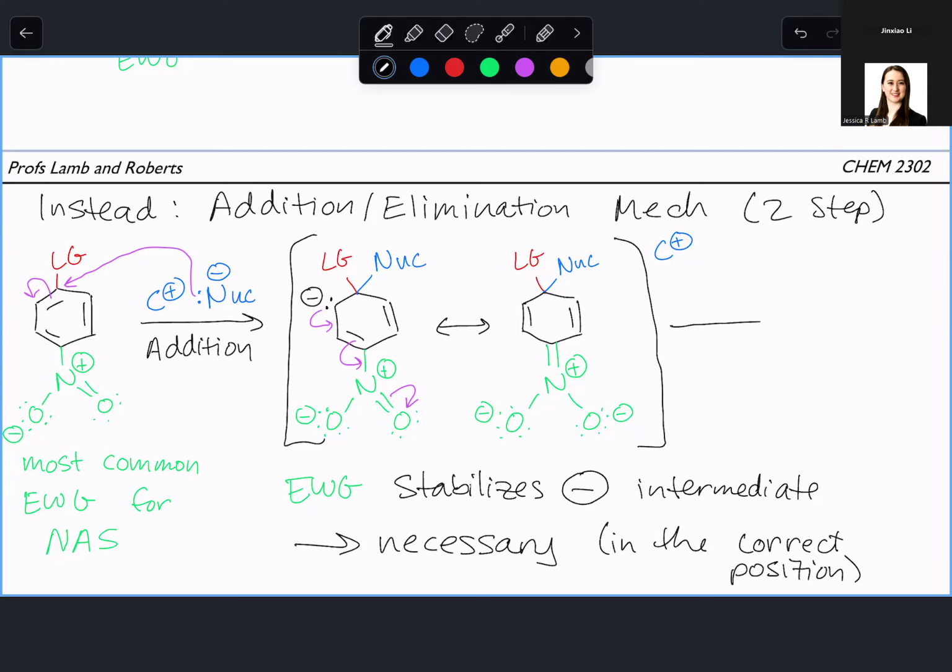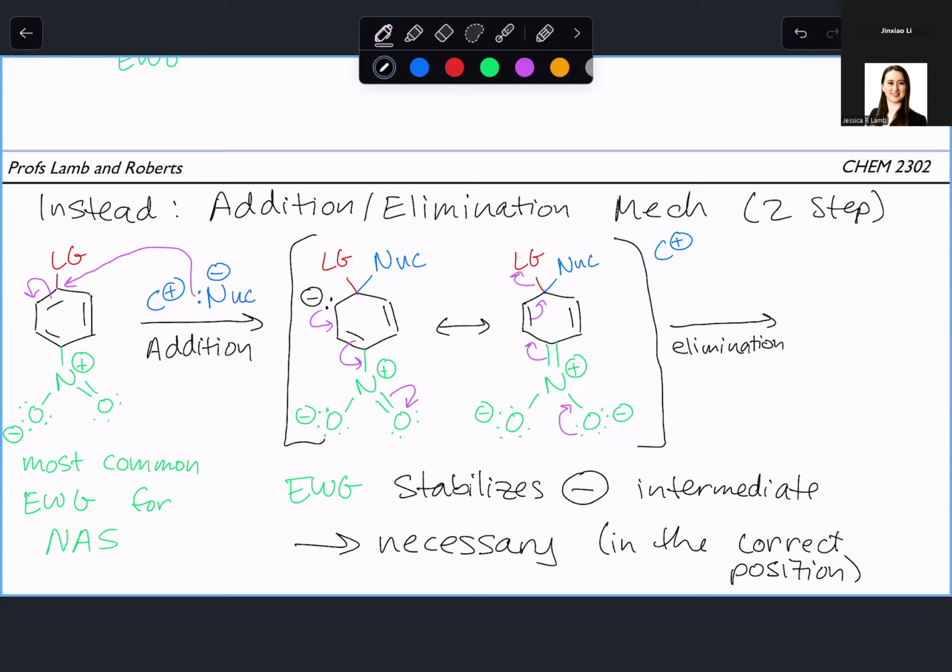Now we have to do the second step. So this is our elimination step. Okay, so our elimination means our leaving group has to leave. So we're just going to basically push all of our electron density back, starting from that negatively charged oxygen. We just keep pushing these double bonds over until we can make the leaving group leave.